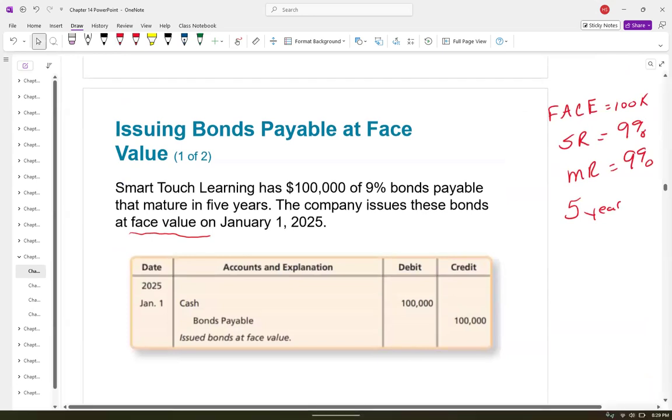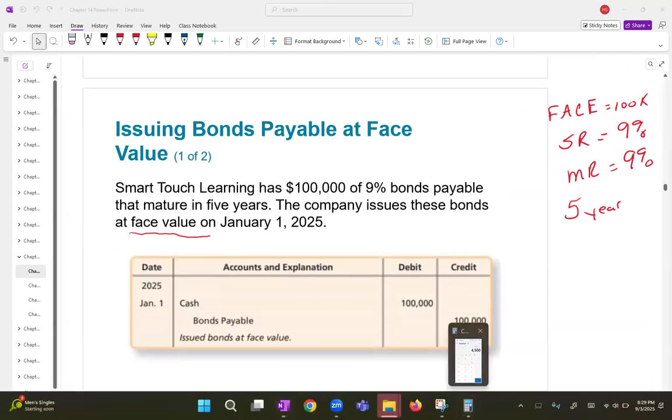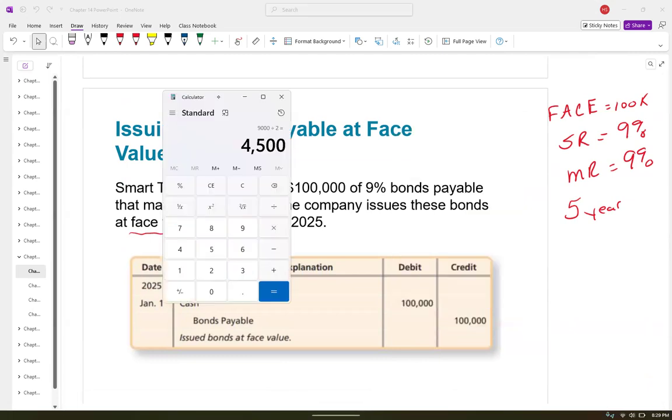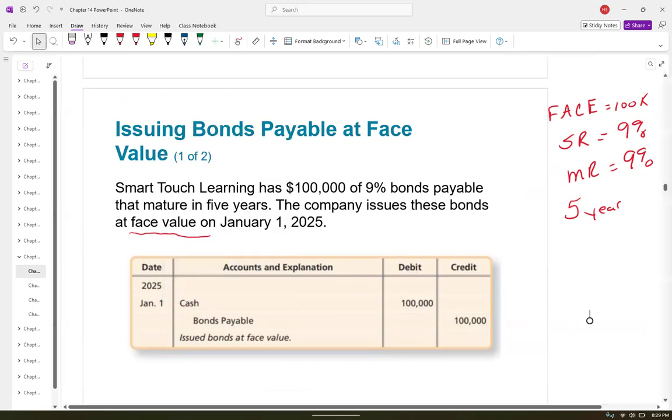So I'm going to pull a calculator up again and let's look at 100,000, multiply that times 9%. That's 6,000 for a year. They're doing semi-annual, so we're going to divide that by 2 to give us $3,000.